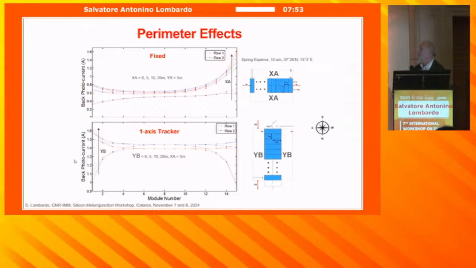So this is a string of 30 modules, either fixed orientation towards south, or with one-axis tracker, again, with the axis in the north-south direction. Okay, here you see the results, and again, you see that the photocurrent collected by the backside changes quite a lot, and there is more than 1 amp of difference depending on the position.